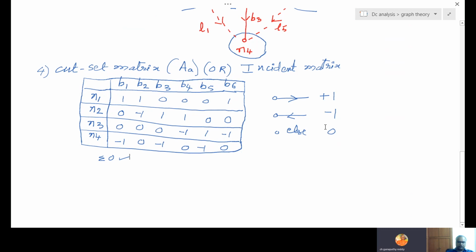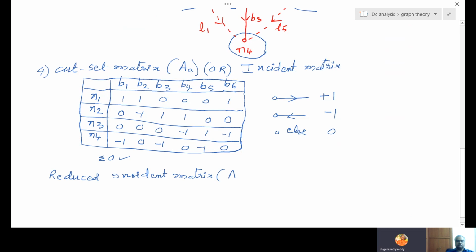In this, what we are looking for is the reduced incident matrix.